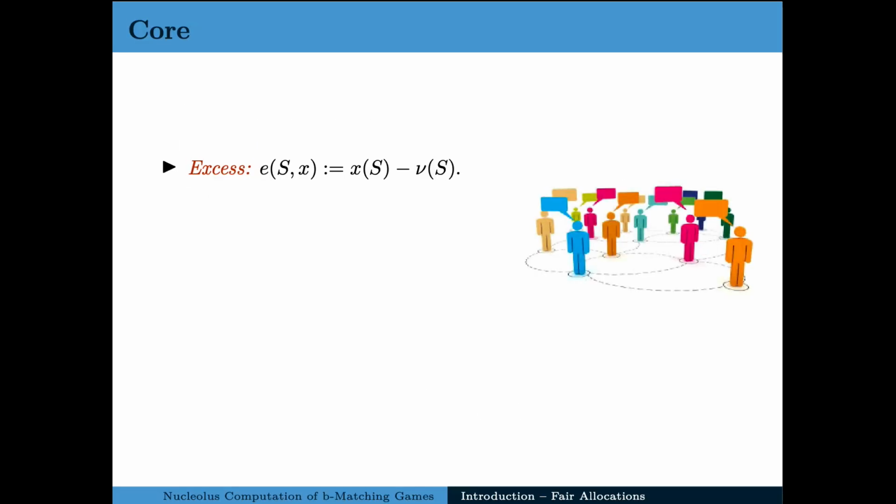So let's work towards a definition of a fair allocation. Let's define the excess with respect to allocation x and coalition S as how much we allocate that coalition minus what they can earn by themselves. Let's think of that as the satisfaction of a coalition with respect to x.